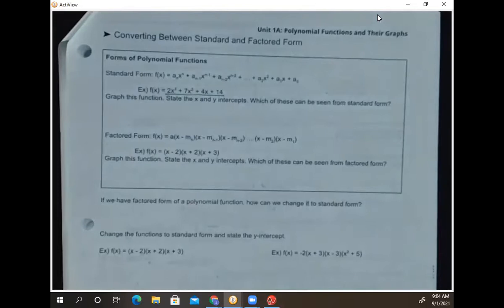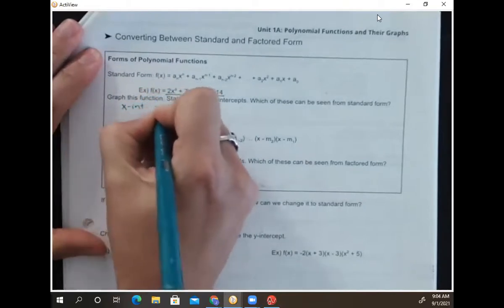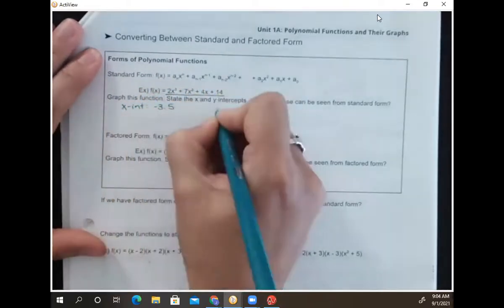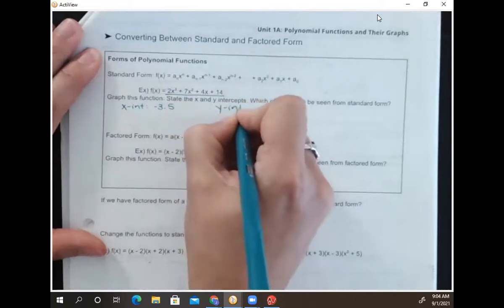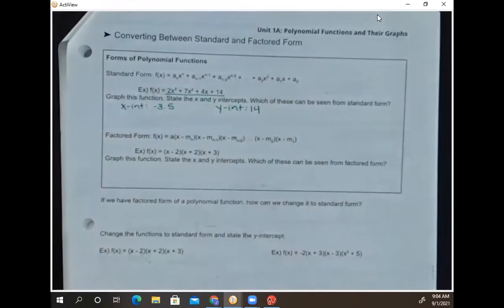I have an x-intercept. Again, at -3.5 is what I saw from my calculator. And a y-intercept at 14. Which of these can I actually see in standard form?